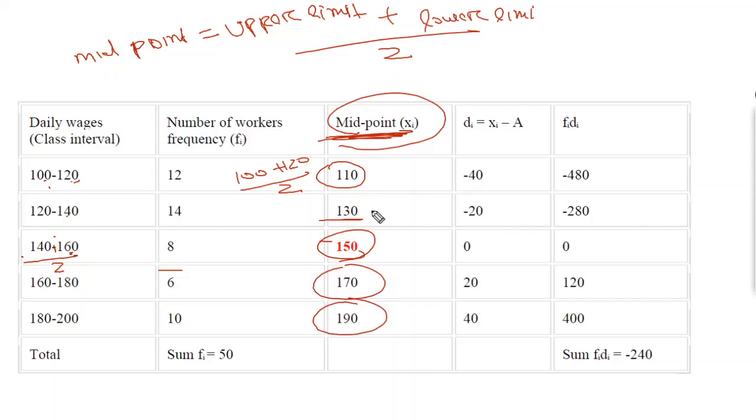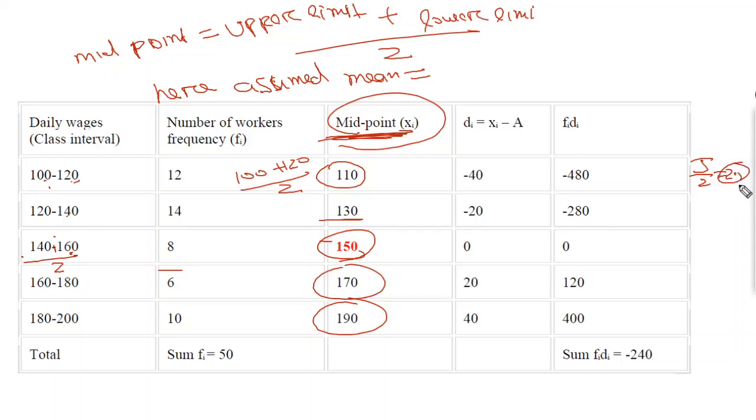After finding all the midpoints, we have to assume a mean. So you have to write here, assumed mean is equal to, we can assume a mean. Here 1, 2, 3, 4, 5 data are here. So you know that 5 divided by 2 equals 2.5.